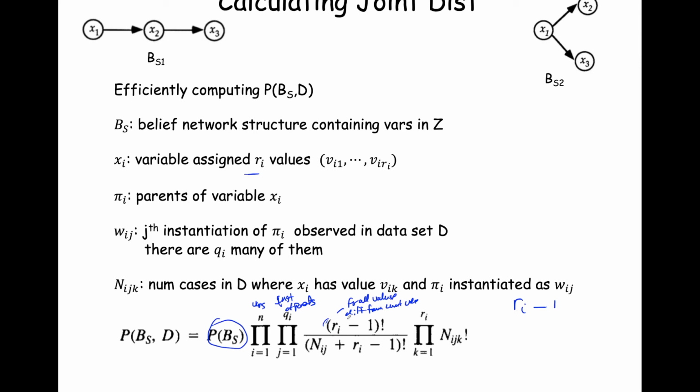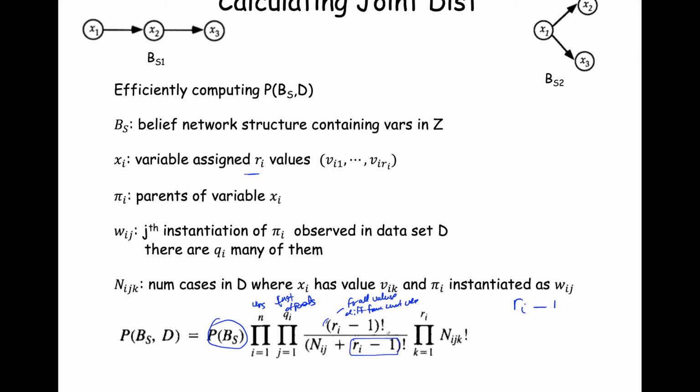And this Nij says all of the cases in the data for a fixed parent instantiation, the jth parent instantiation. So this is all of the counts of the values for a variable for a given fixed instantiation, the jth instantiation of the parents. You're going to add that to the values that are not the current one.